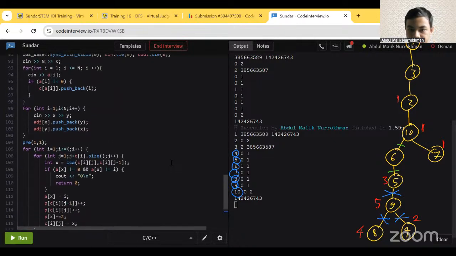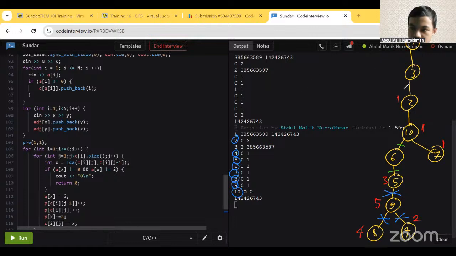All right. After that, for 2, it is still 0, 2. It is correct. But how about 3? I think it should be 0, 2 as well.